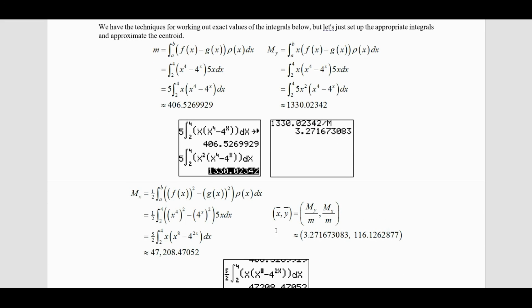about 3.27. Get the moment about x to be 1/2 times the integral of f of x squared minus g of x squared, rho of x. Well, this is x to the 4th squared minus 4 to the x squared. Simplify a little bit before I put it in the calculator. Multiply powers here and you get x to the 8th, and multiply the powers here, you get 4 to the 2x. So I think I put it in that form in my calculator. There it is right there.